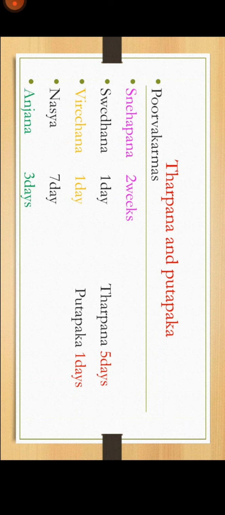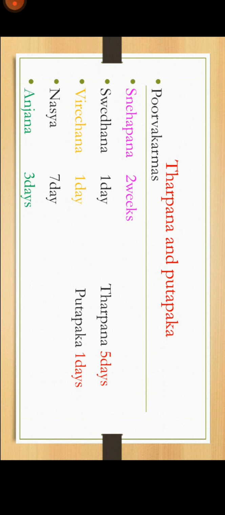Then coming to the Purva Karma, as a routine procedure, we do Purva Karmas like Nasya, Snehapana, Swedana, etc. Snehapana we can give as Vicharana itself. We can give it for 2 weeks, 20 grams twice daily, early morning and at bedtime.